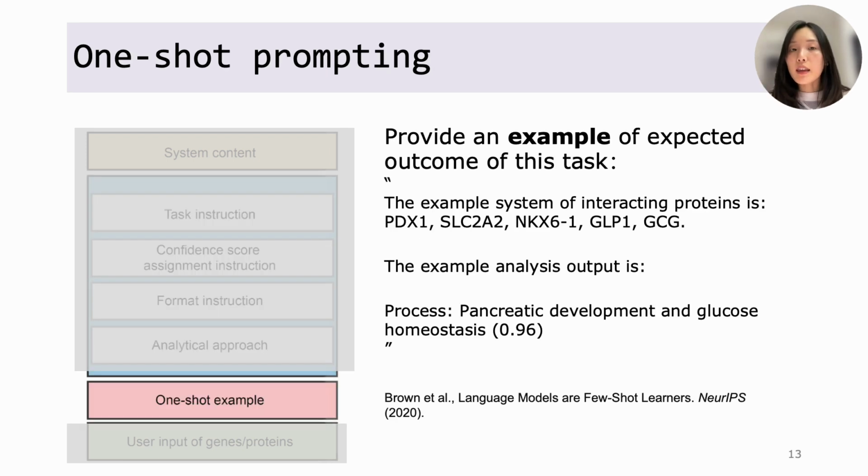Besides the chain of thought, we use another strategy called few-shot prompting. What that means is it gives the model a few examples. Here we give one example of this task we want the model to solve. It can help the LLM to understand the desired format and how we approach solving this question.